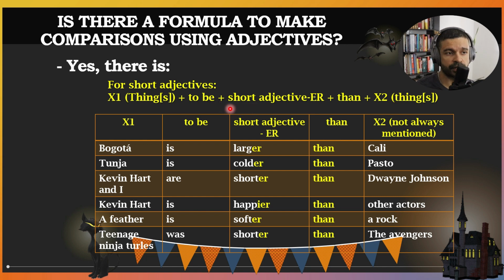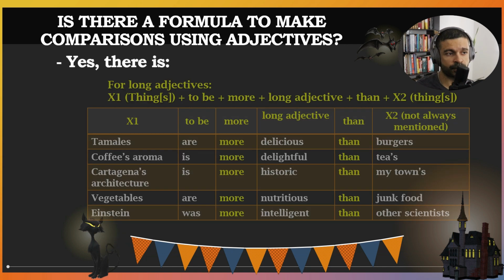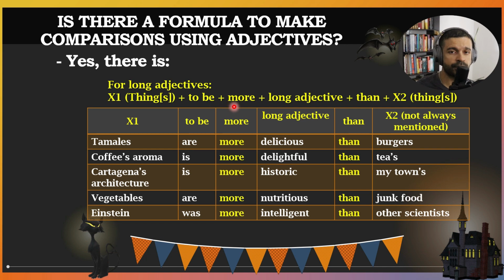We're gonna check the mistakes at the end of this presentation, but it is a mistake that people make all the time. More is only combined with long adjectives. Remember, a long adjective is an adjective that has more than 1 syllable and that does not end in consonant and Y when it has 2 syllables. Okay? Then we have the word than, and then we have the other thing or things.